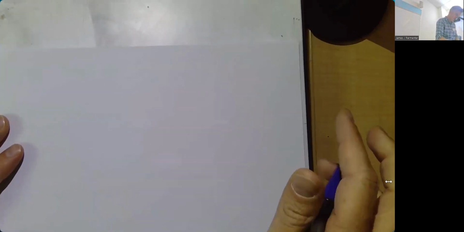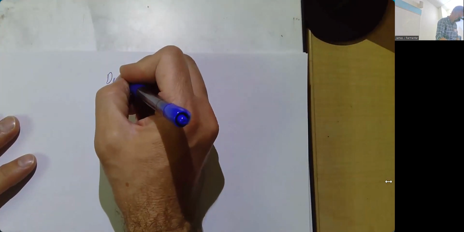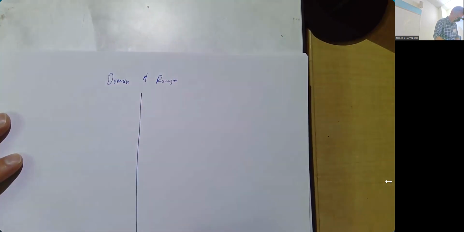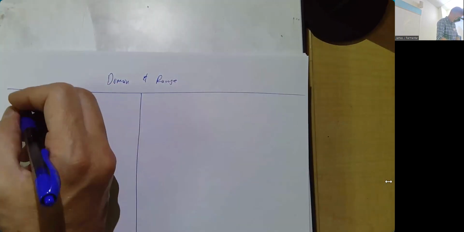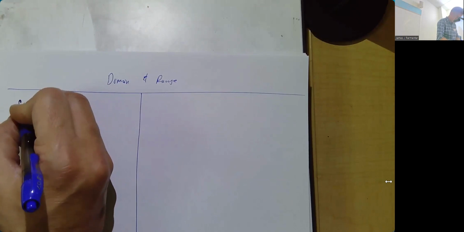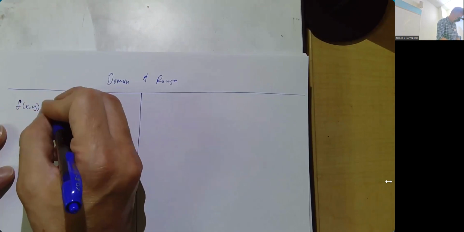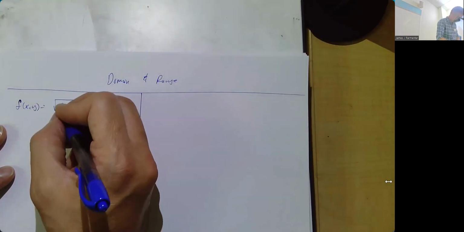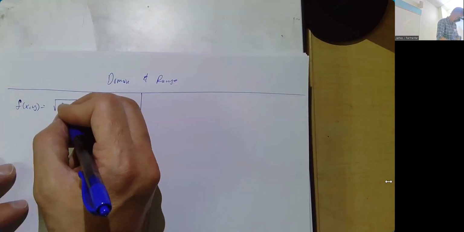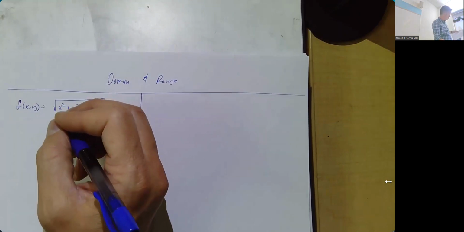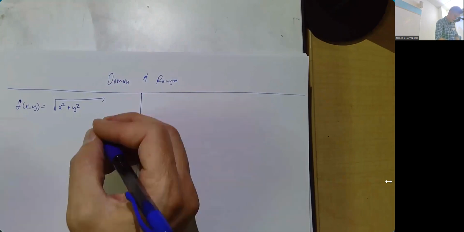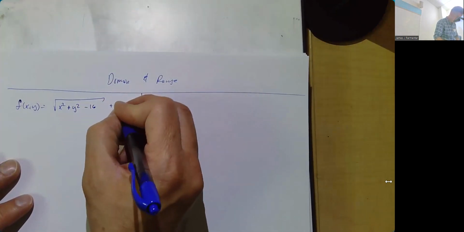Let's consider the following, and we'll do 2 of these. So domain and range. And we'll look at 2 different functions. I know we only got 5 minutes, but don't worry. So our first function is going to be f of x, y equal to the square root of x squared plus y squared minus 16 plus 3.